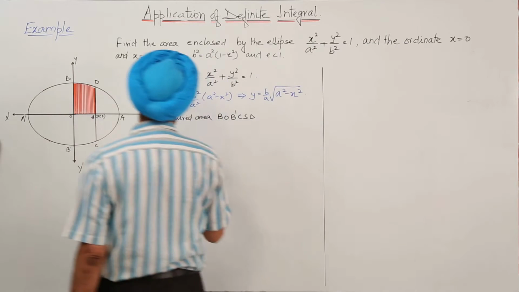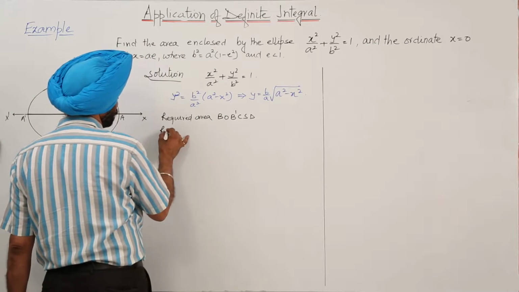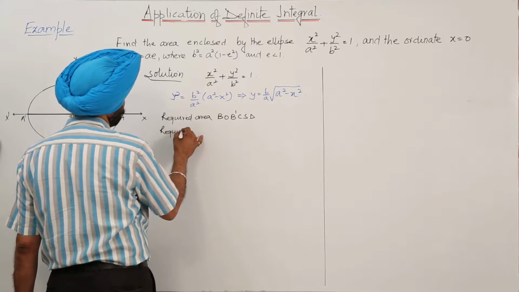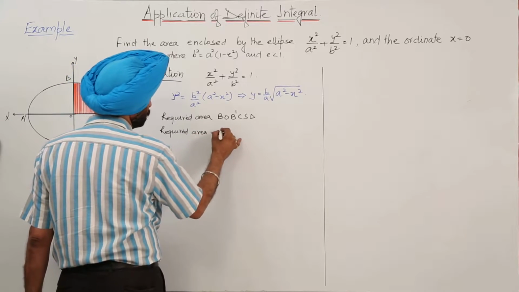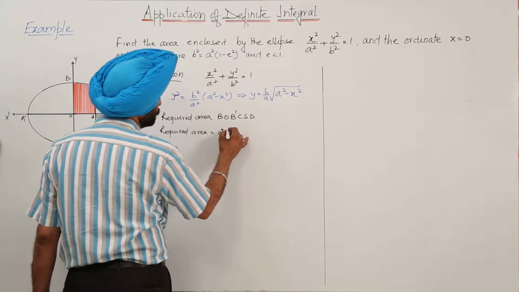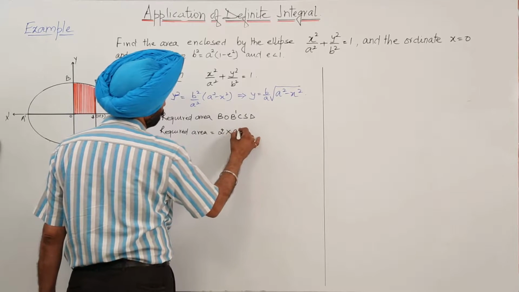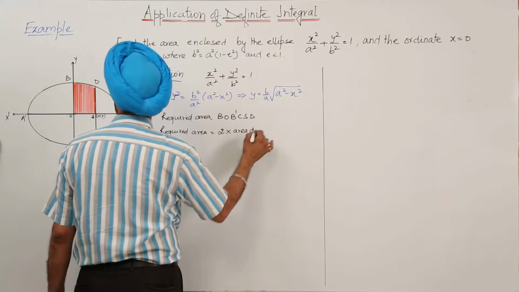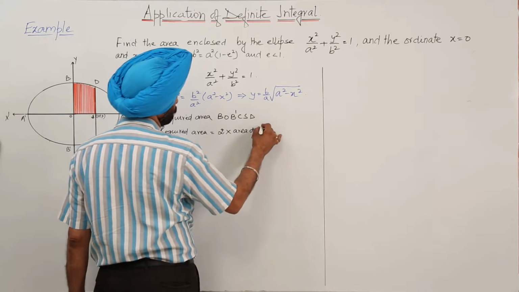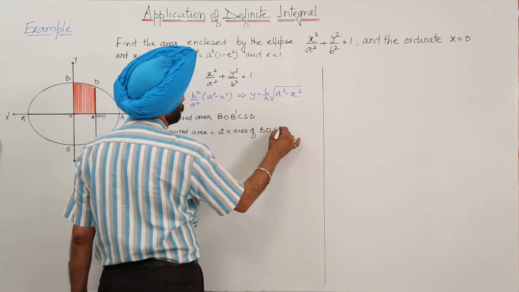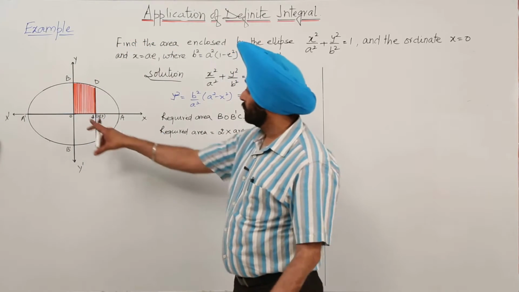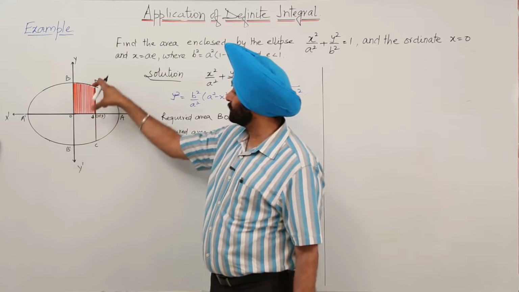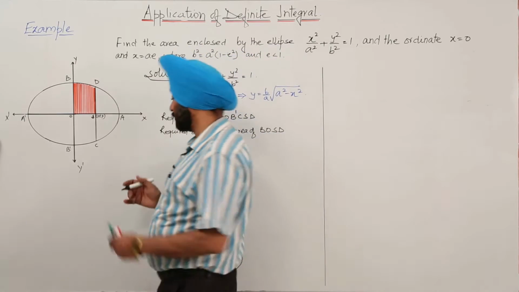Now, required area is equal to twice of area of BOSD, twice of area of BOSD. Is it clear?